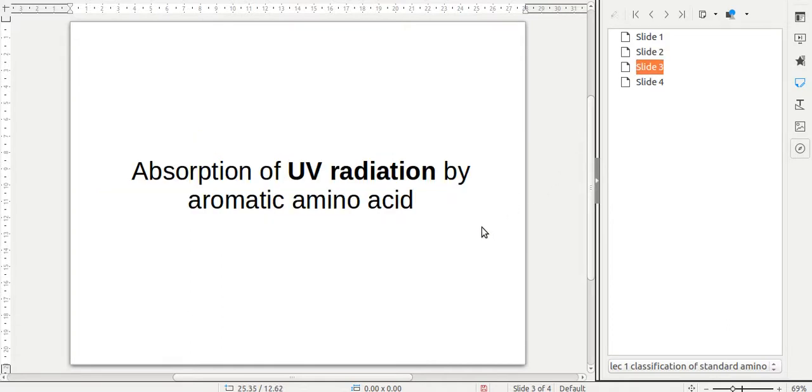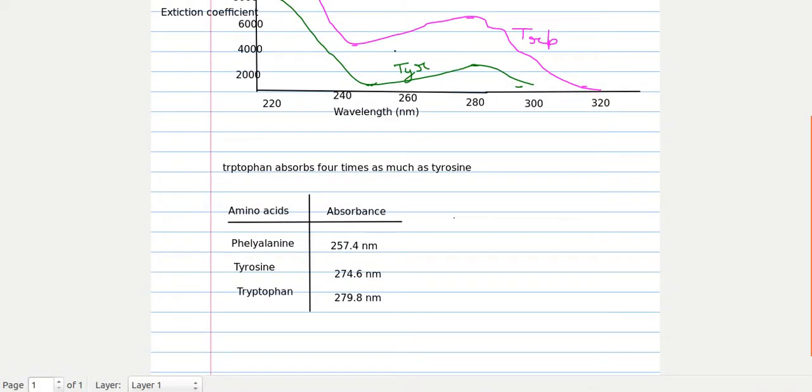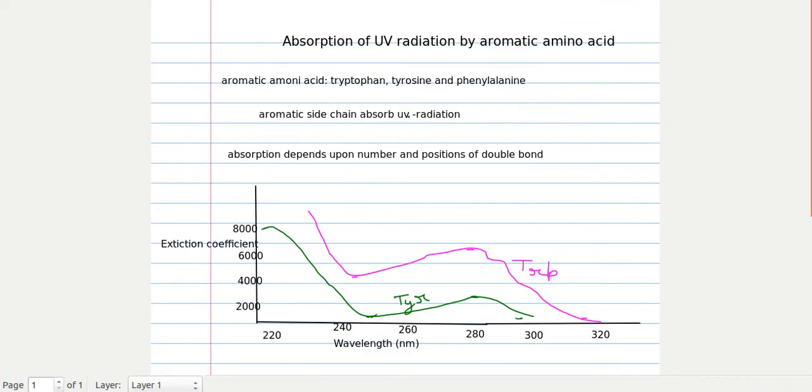Today's topic for the lecture is absorption of UV radiation by aromatic amino acids. So let's quickly switch to our work area. Today we will be dealing with the topic absorption of UV radiations by aromatic amino acids. Let us first analyze our topic.